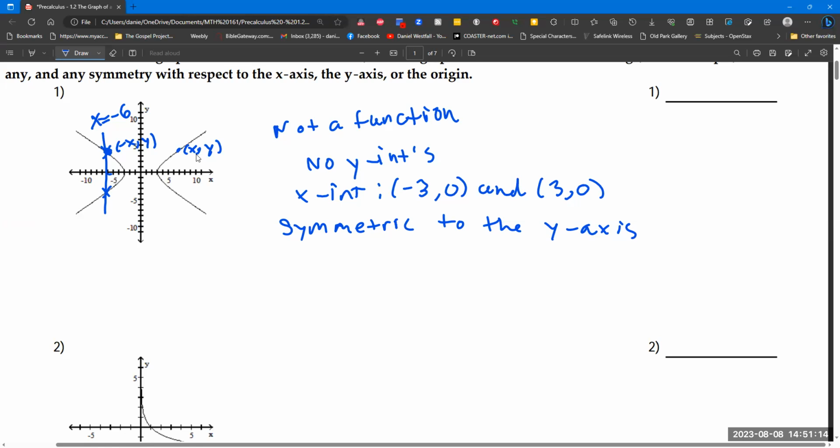It looks like it also has origin symmetry because every point x, y also reflects to a point -x, -y. And it looks like it also has x-axis symmetry because every point x, y reflects to a point x, -y.